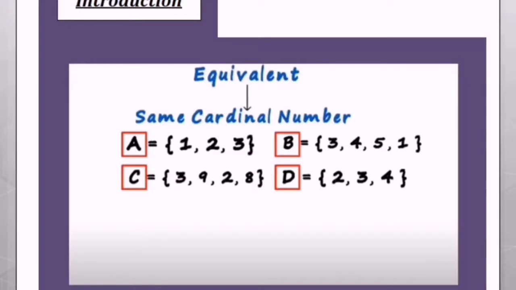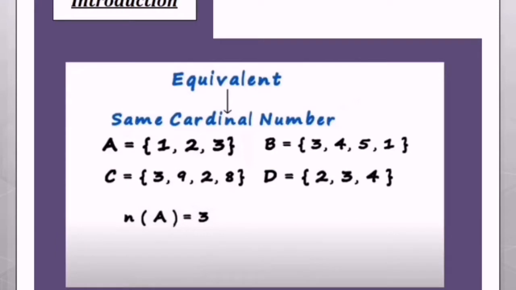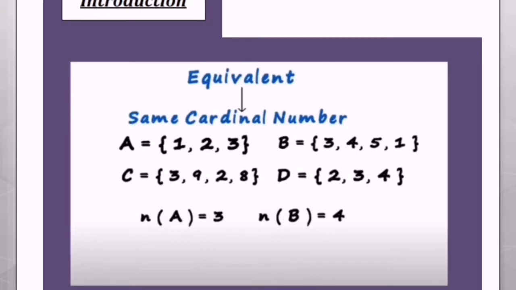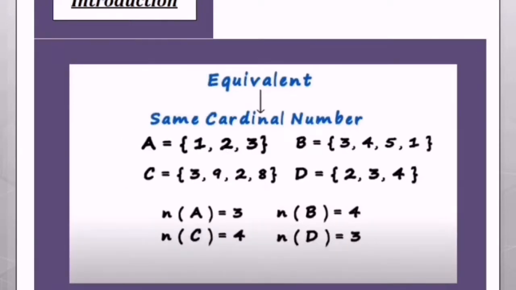let's find the cardinal numbers of each of the following sets. The set A has 3 elements, so n of A is 3. The set B has 4 elements, which tells us that n of B is 4. Similarly, n of C is 4 and n of D is 3.